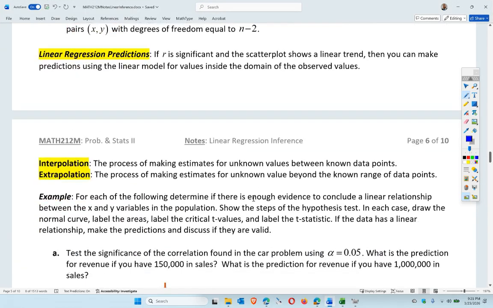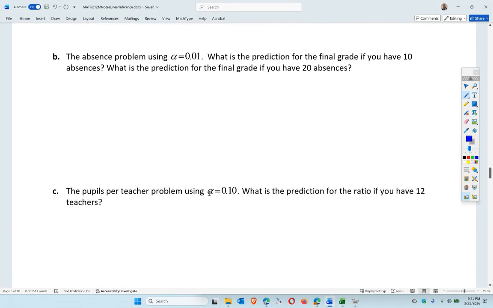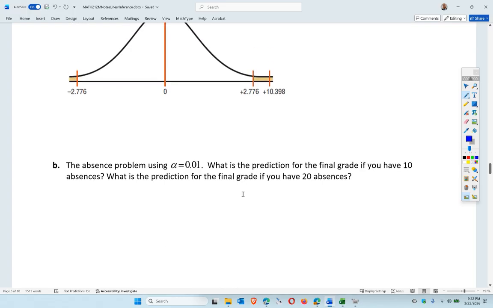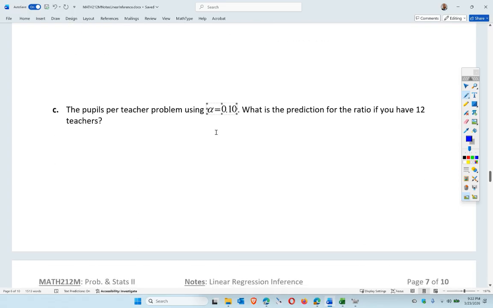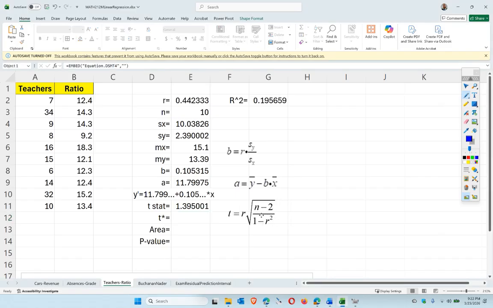Alright, so if I do this one says 10% for alpha. Oh yeah, there are always two tail in these ones. Okay, so 10% for alpha. Okay, so if I draw this one, put this up here for now.